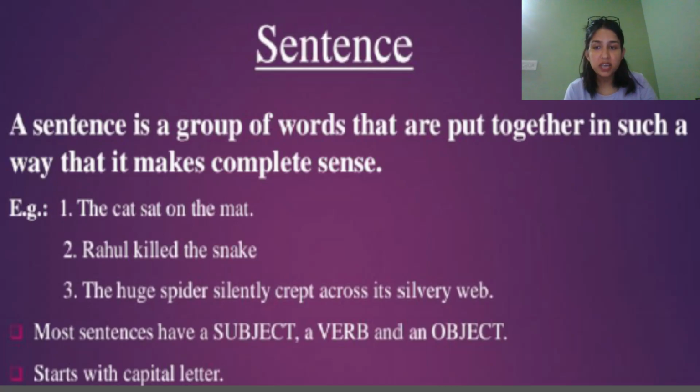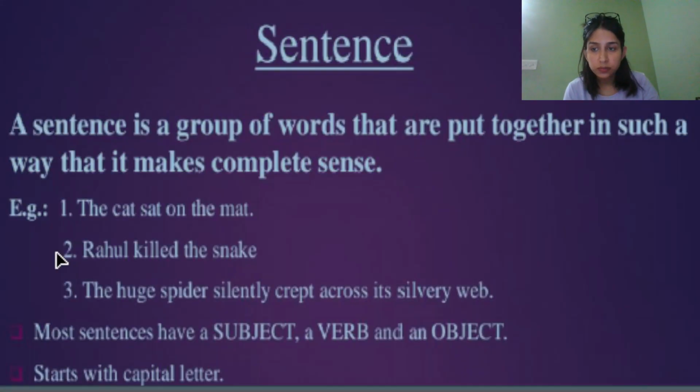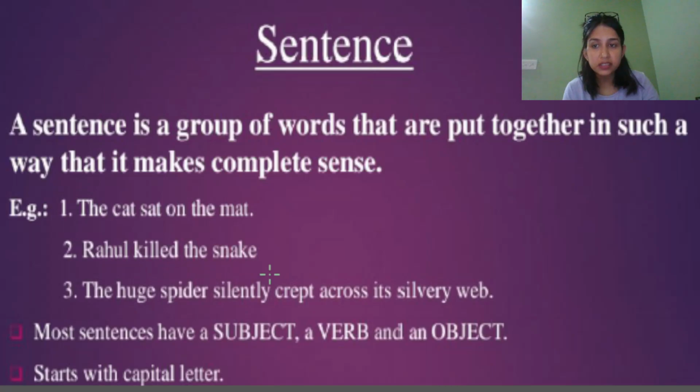Most sentences have a subject, a verb, and an object. In Rahul killed the snake, Rahul is the subject, snake is the object, and killed is the verb. In the cat sat on the mat, the cat is the subject, the mat is the object, and sat is the verb.